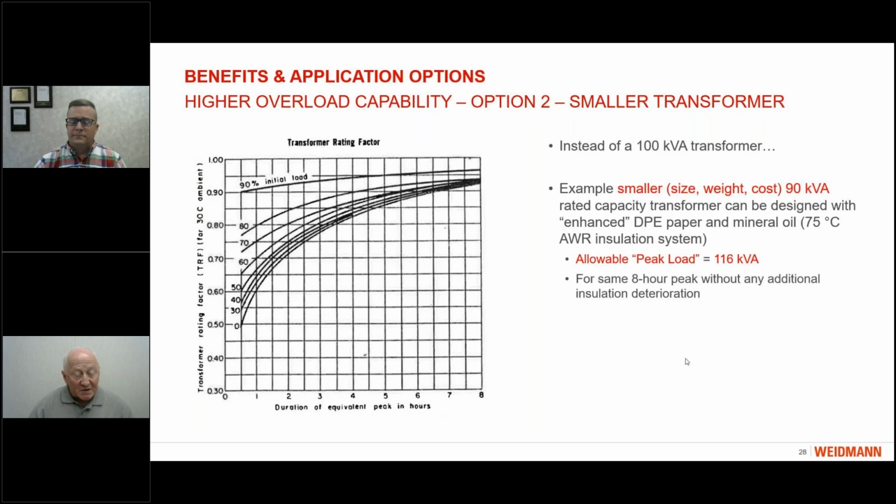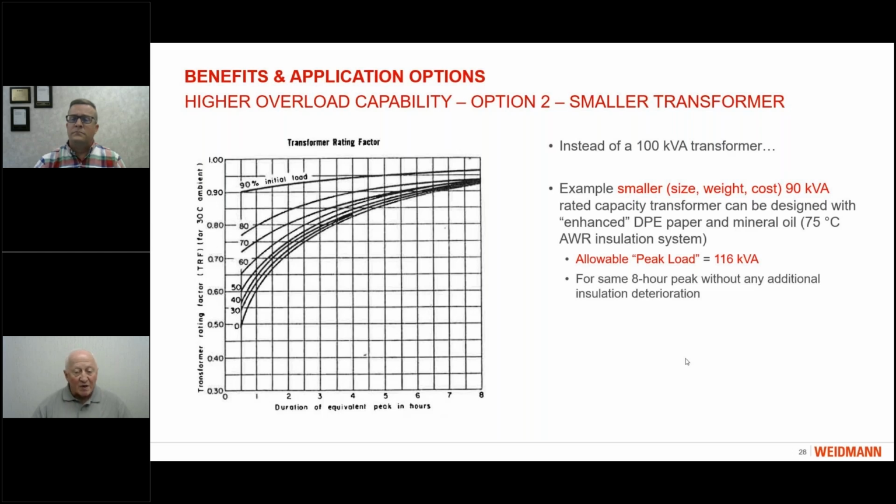The other way to use this additional thermal capability is to design a smaller transformer. Let's say we have the same loading diagram, and we need to design transformers that can be used with this loading diagram. With the higher temperature insulation system based on DPE paper, we can design a smaller transformer, let's say 90 kVA instead of 100 kVA.